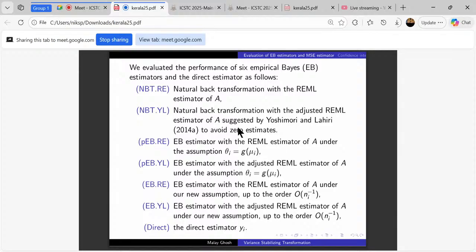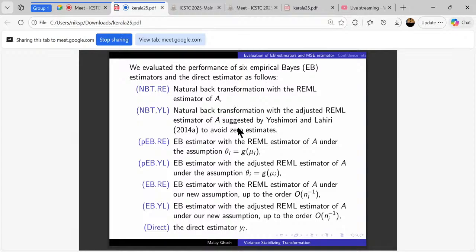So we evaluated the performance of empirical Bayes estimators with the direct estimation and the natural back transformation. Now there are several ways of estimating the model variance. You can use REML, you can use adjusted REML. REML is the most common one which was used, but there is a very fine paper by Ilsameri. By the way, Ilsameri is the same as Hiroshi. She used to be called Ilsameri before her marriage.